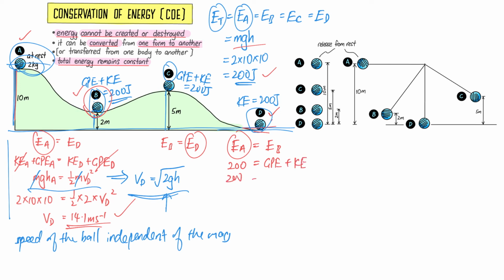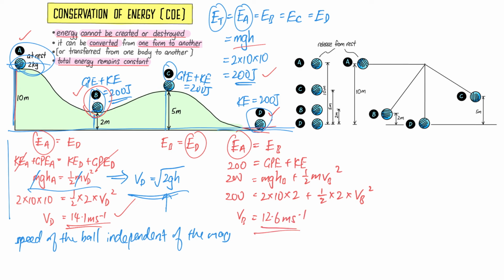So 200 equals mgh at point B plus half mv squared at point B. You sub in the values: 2 times 10 times the height at point B, which is 2 meters, plus half times 2 times the unknown speed that you want to find. If you solve it, the answer will be 12.6 meters per second. And indeed, this speed at point B is lower than the speed at point D.